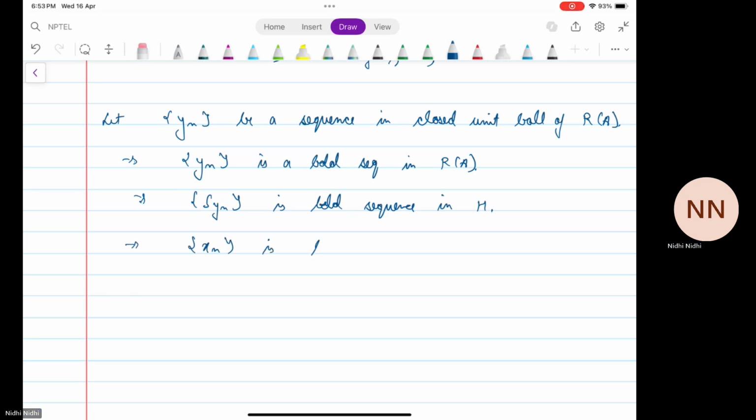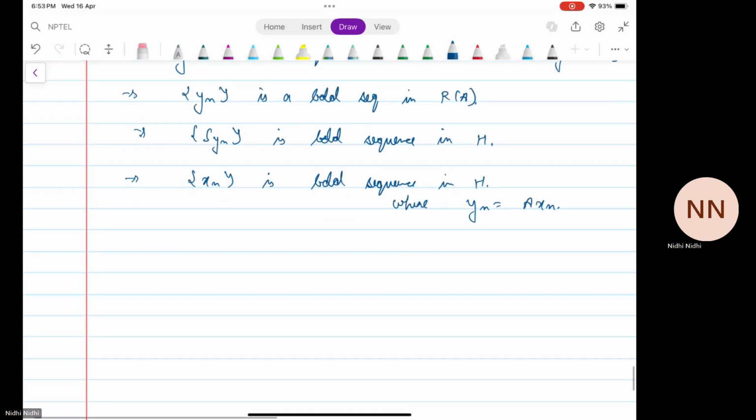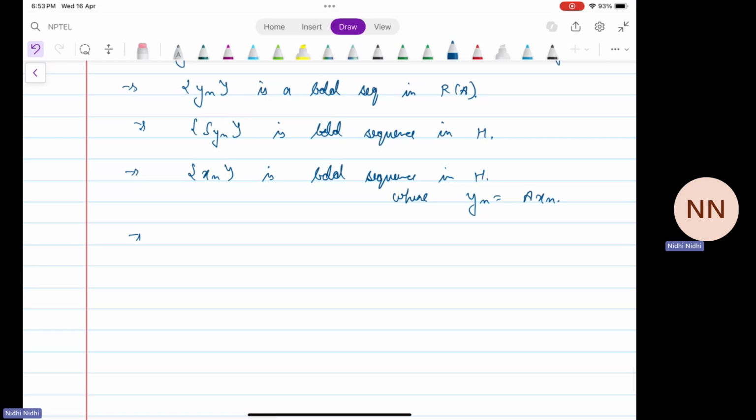Xn is a bounded sequence in H, where Xn is such that Yn is equal to A xn.